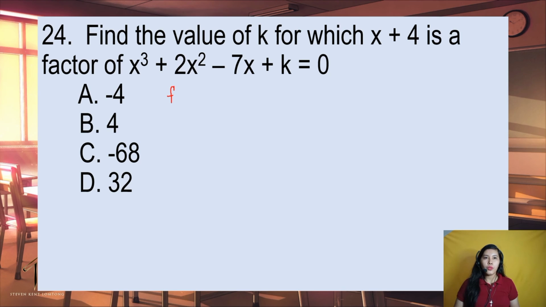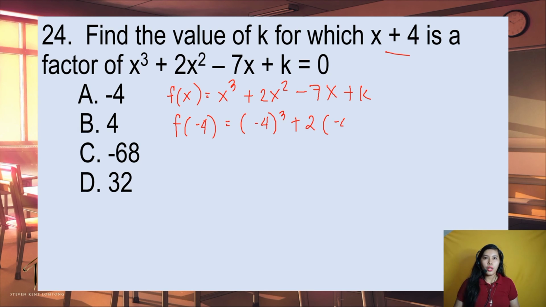So f of x equals x cubed plus 2x squared minus 7x plus k. That is x plus 4, so negative 4. Then we substitute negative 4 cubed plus 2 times negative 4 squared minus 7 times negative 4 plus k, and equate to 0.